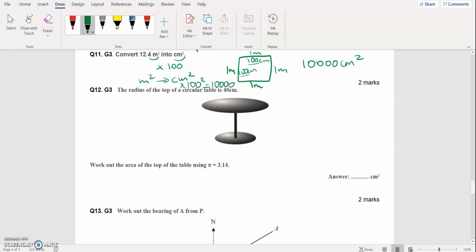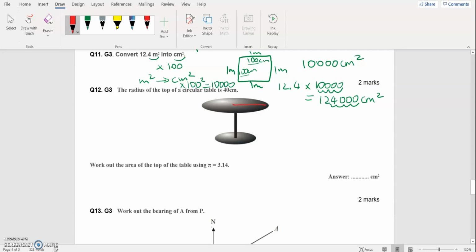So I'm gonna do 12.4 times 10,000, which means I'm gonna move the decimal point 1, 2, 3, 4 places to the right. So from this point, we have 1, 2, 3, 4. So the answer should be 124,000 centimeters squared.